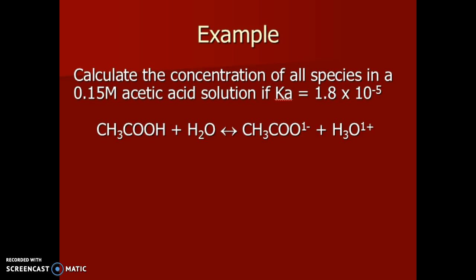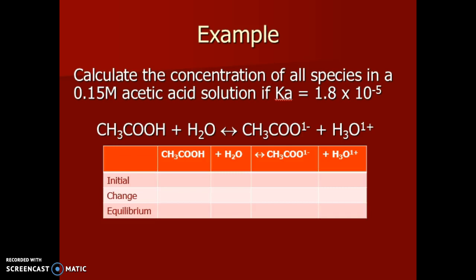Simply write the leftovers right next to it with a -1 charge. So, time for our chart problem. So here you go, and we are going to start to layer in the information that we know, which would be the initial concentrations. So 0.15 for my acetic acid and 0 for my products.